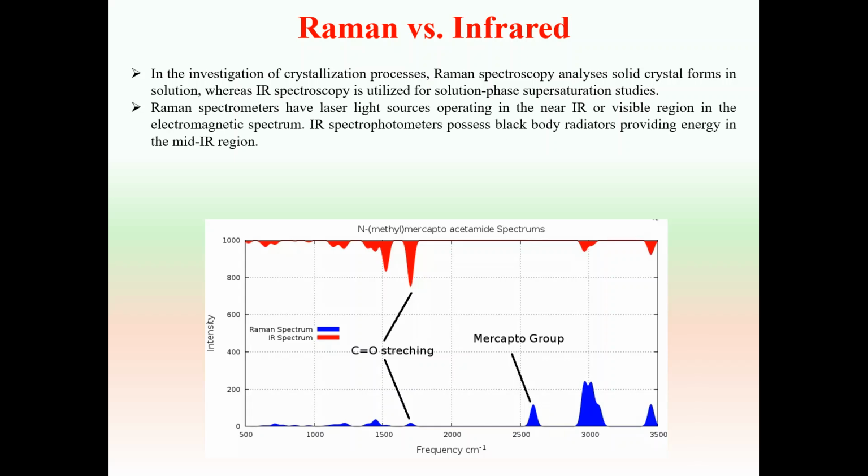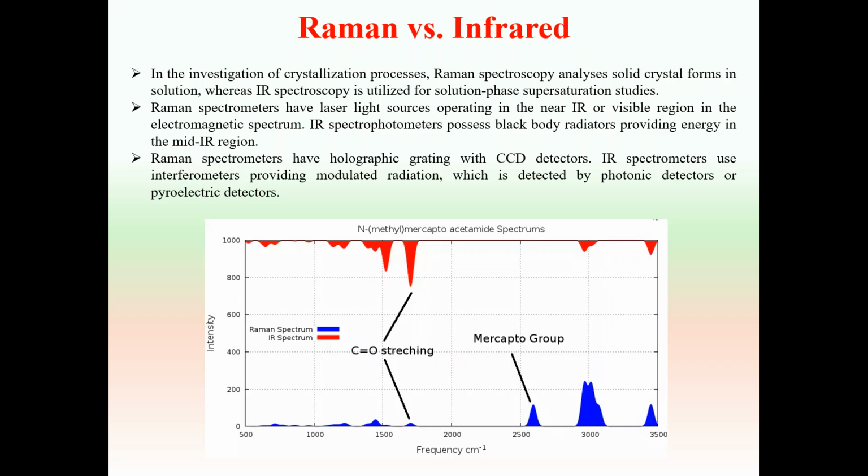Raman spectrometers have a laser light source operating in the near IR or visible regions of the electromagnetic spectrum, whereas an IR spectrometer possesses black body radiation providing energy in the mid IR region. Raman spectrometers have a holographic grating with CCD detectors, whereas an IR spectrometer uses an interferometer providing modulated radiation, which is detected by photoelectric detectors.